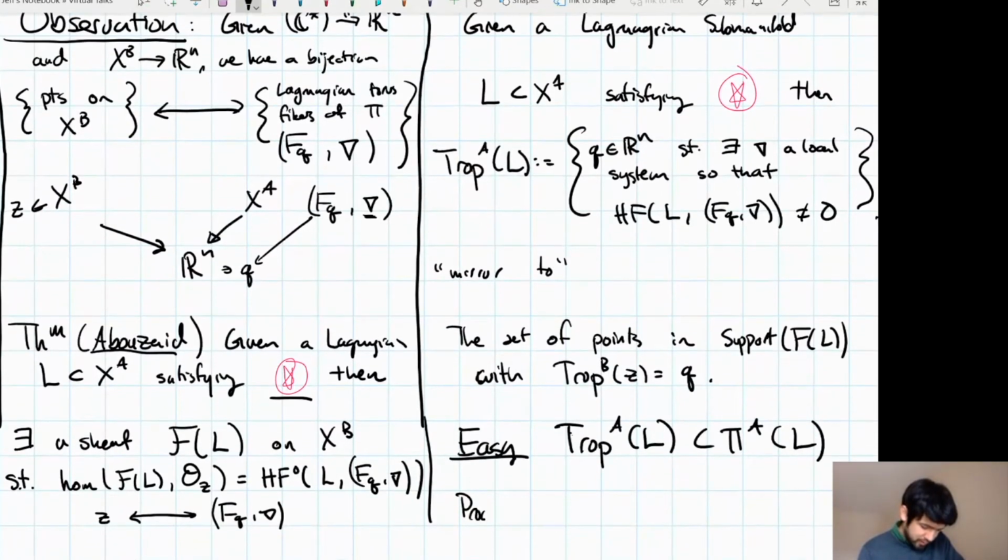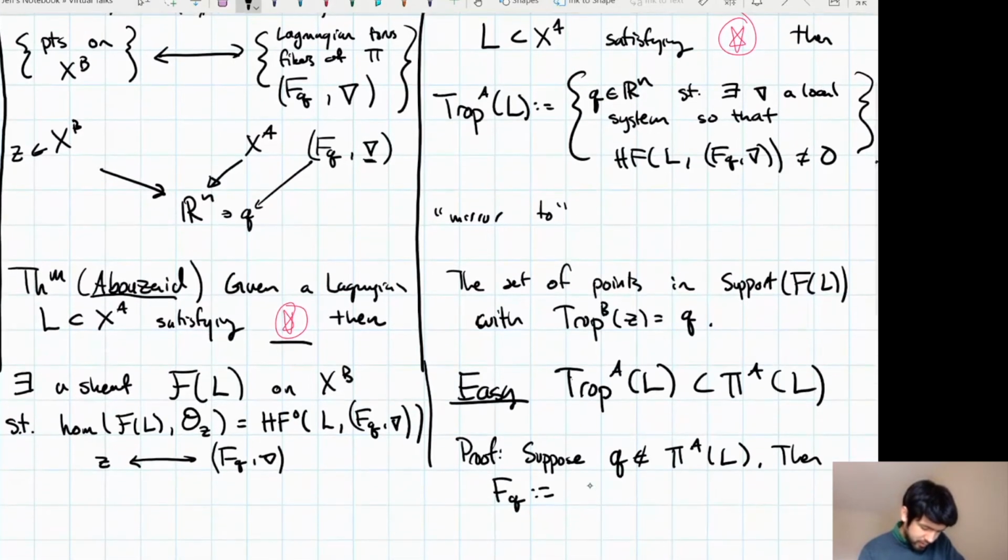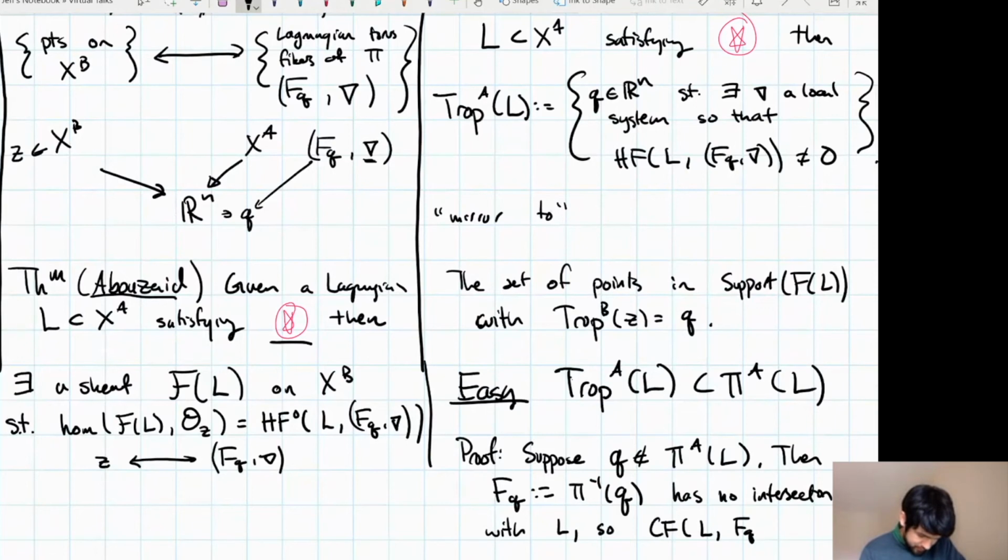And the proof is, suppose that Q is not in the projection of L down to the base, then FQ, the Lagrangian torus fiber over Q, has no intersection with L. So CF(L, FQ) is 0.